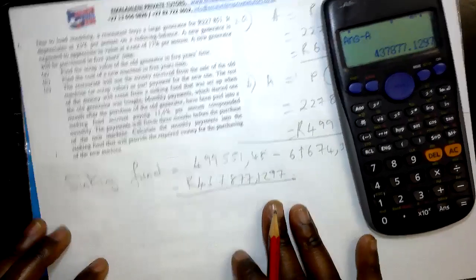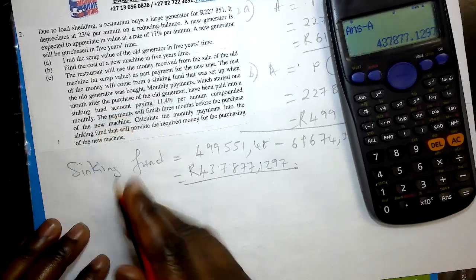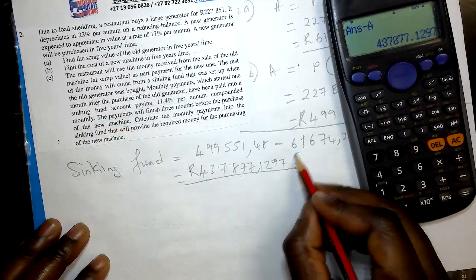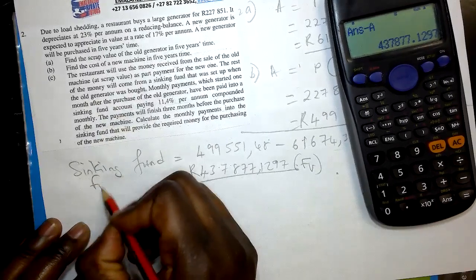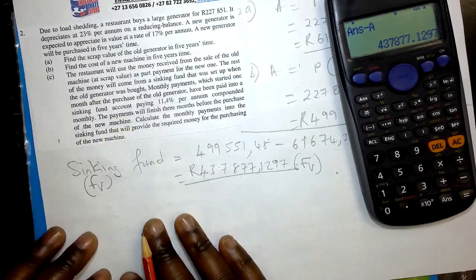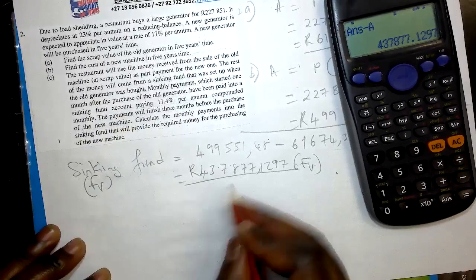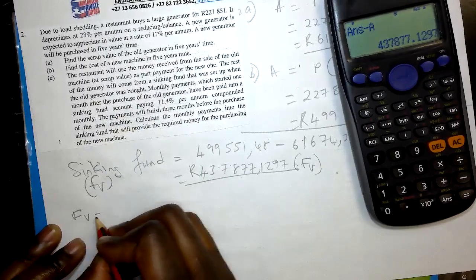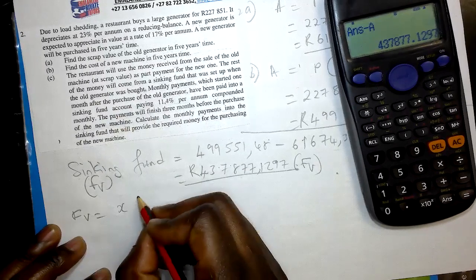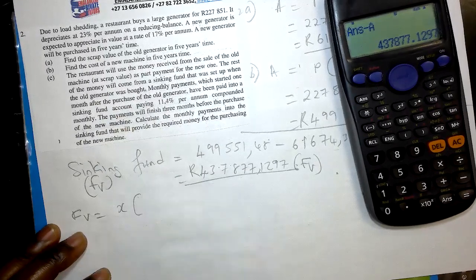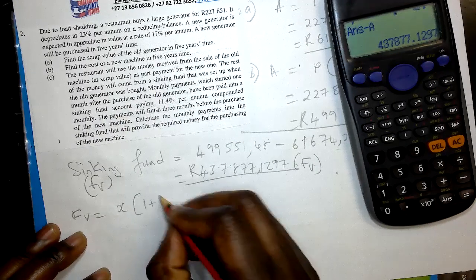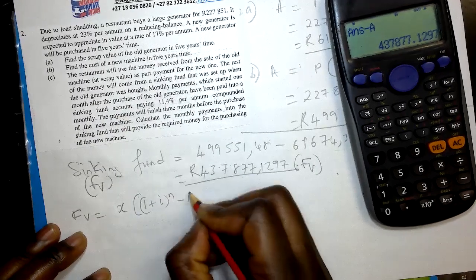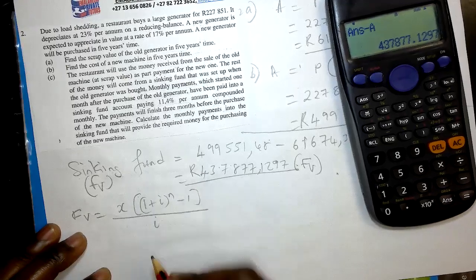Now we are told that the generator now is going to be, this is our FV. This is our FV, guys. Remember, FV. Now, on this FV, we are using the formula FV is equal to X in bracket 1 plus I to the power of N minus 1 over I. But there's something that you need to understand here.